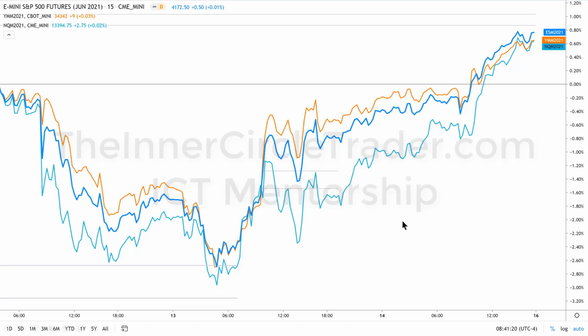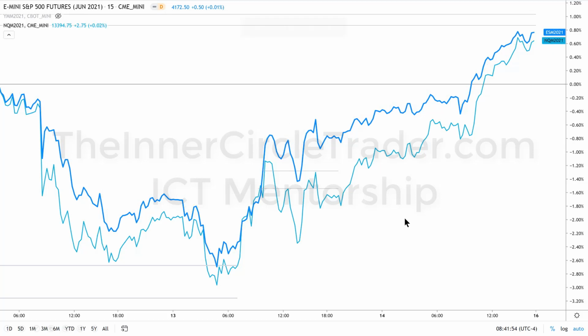Okay, so let's move on into the comparison between the E-mini S&P versus the Nasdaq. You can clearly see the divergence here. Low to low for S&P, higher. Low to lower low on Nasdaq. That right there is what your eye should be keyed up on. That's the divergence. That's the Kraken correlation.